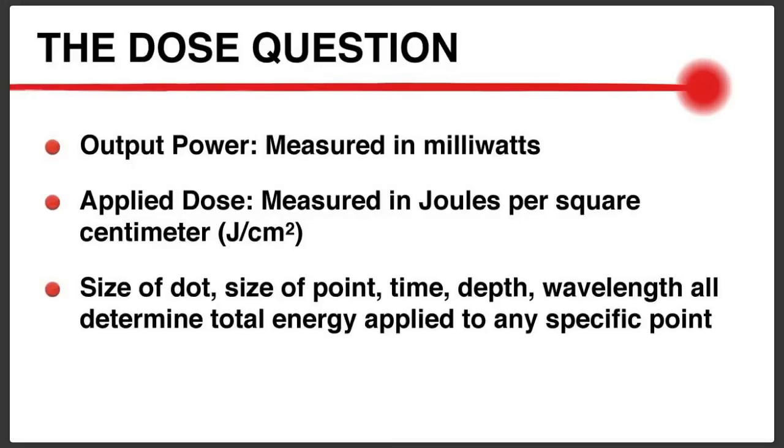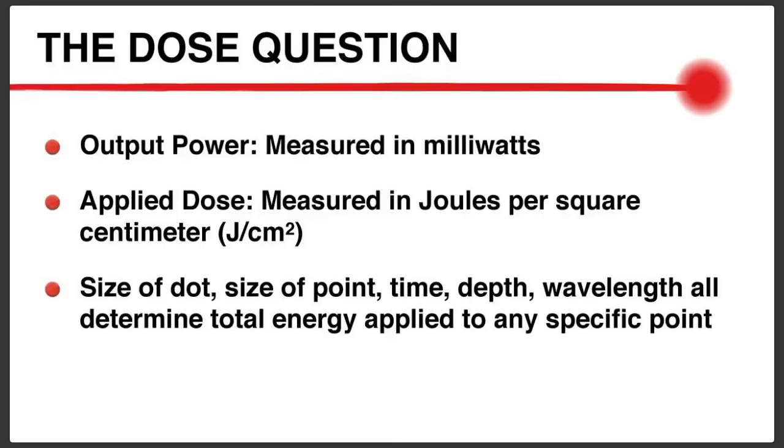And so if you want to apply a certain amount of energy for every square centimeter of skin, then the size of the dot produced by your laser, the size of the point you're trying to treat, the amount of time that you leave the laser on, because the longer you leave it, the more energy you're depositing in that point, the depth of pressure, the wavelength you're using, because some wavelengths will penetrate better than others. All of those things determine the total energy applied to any specific point.